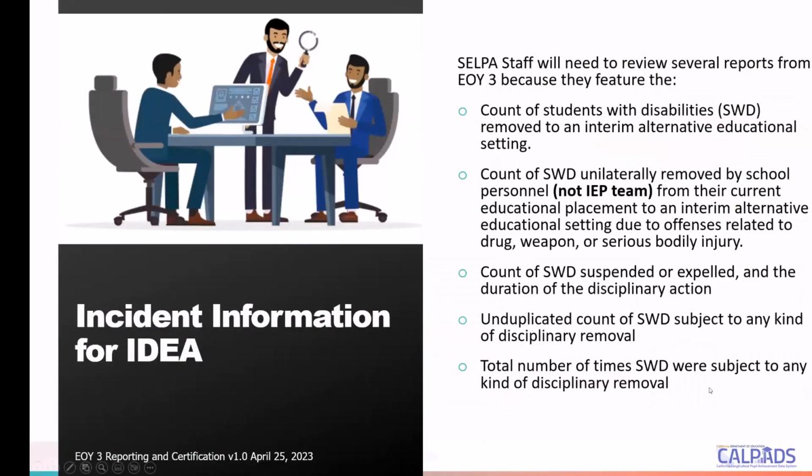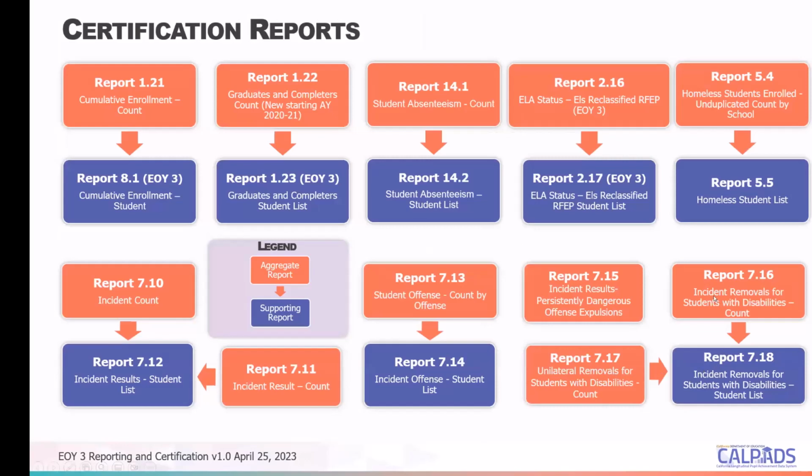So the incident information for the Individuals with Disabilities Education Act, the whole reason why your SELPA data coordinator gets involved, is listed here, right? And it comes from these three reports in the corner, 7.16, 17, and 18.